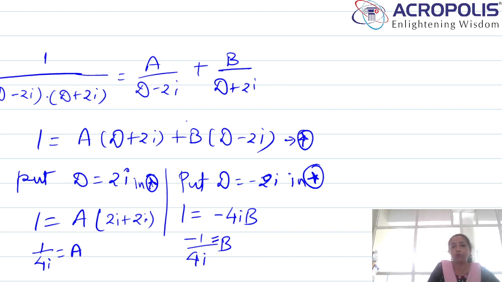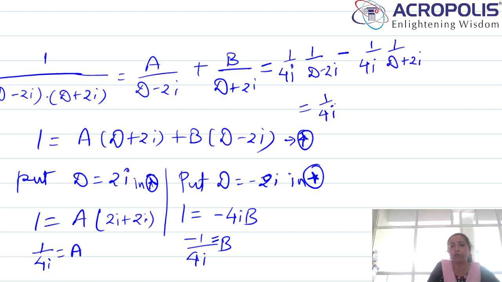So my equation will become like this, we will put the value of A here. So we will have 1 upon 4i, 1 upon D minus 2i. Now the value of B is minus 1 by 4i dot 1 upon D plus 2i. So we will write this equation with 1 upon 4i as common. So the equation is 1 by D minus 2i minus 1 upon D plus 2i.